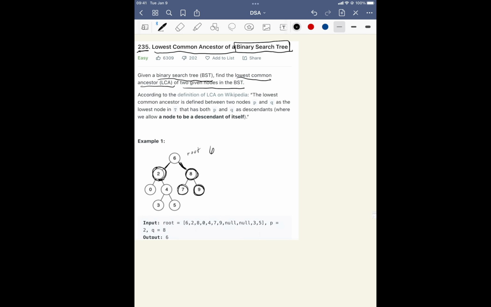Well, the lowest common ancestor would be 8. It would actually be the point at which the tree branches off.